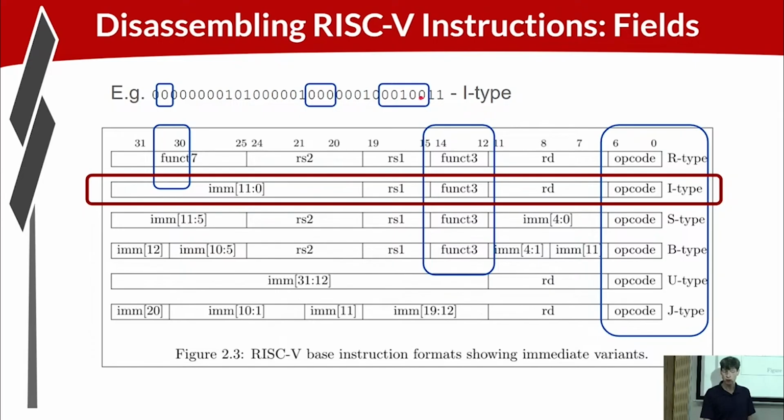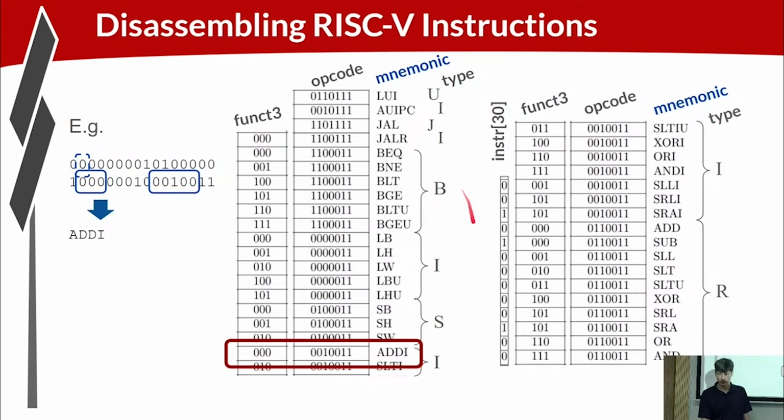So to figure out the instruction mnemonic, we need to look also at func3 and maybe bit 30. Here we have func3 of 0 with an opcode 00100, and bit 30 is 0. So that matches up. That doesn't sound right. Is that right?